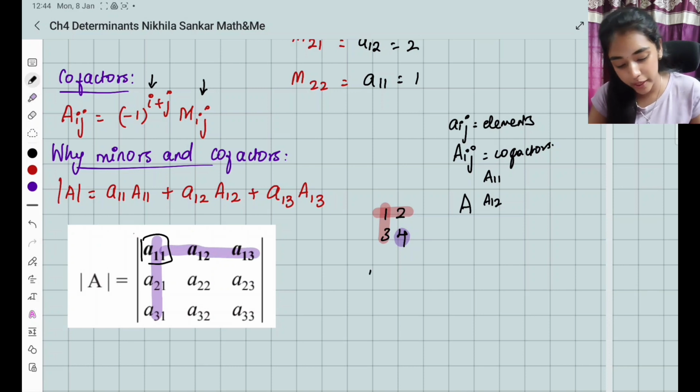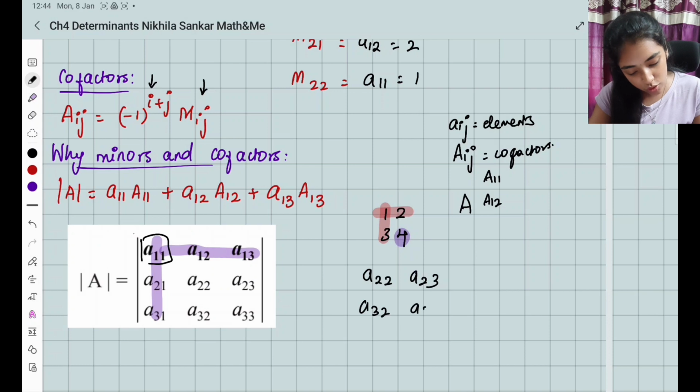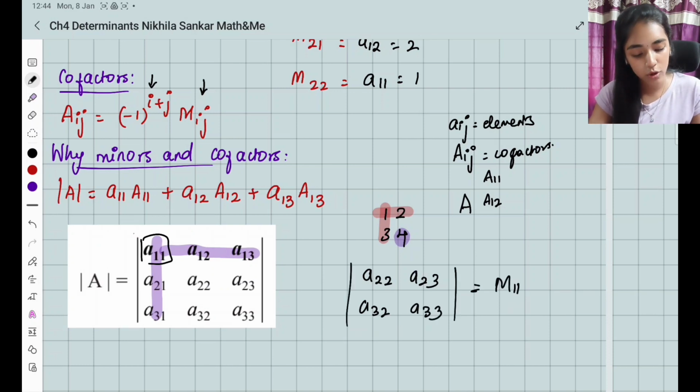I'll be left with a 2 by 2 matrix. So இப்போ A22, A23, A32, A33. So I need to find the determinant of this and this is going to be the minor of A11. Okay, புரிஞ்சுதா? So இதே மாதிரி தான் நம்ம இவ்வளவு நேரம் determinant எப்படி போட்டோமோ, same logic, you have to find the minor and A11 is going to be -1 to the power 1 plus 1 times M11.